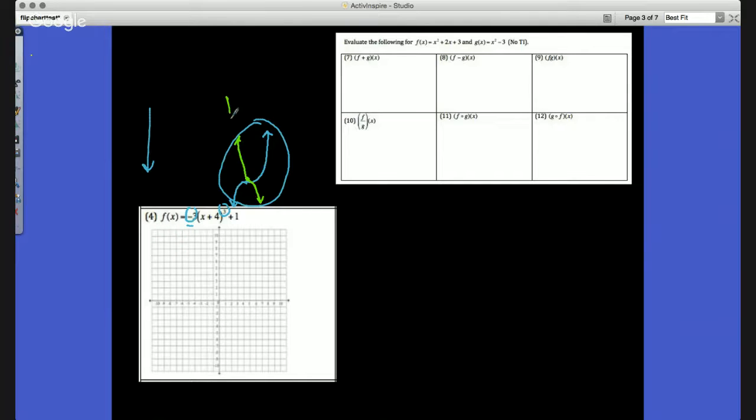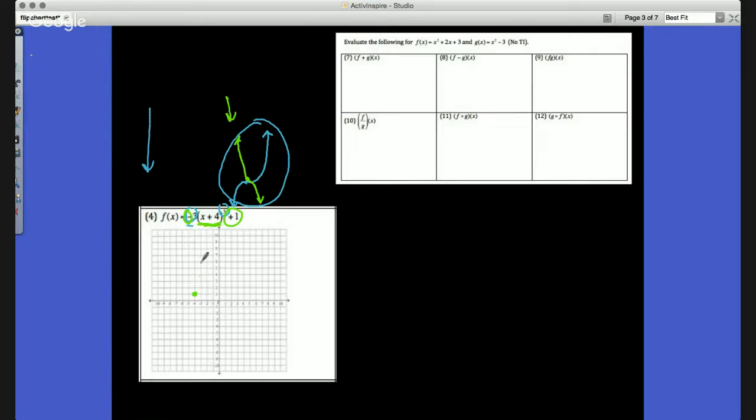So really we're looking at the green one because of that reflection. Now, because of the x plus 4, we know we're going to transform left 4. And because of the positive 1, we're going to go up 1. So our starting point no longer is at the origin. Now it's left 4, up 1 because of the horizontal and the vertical transformation.